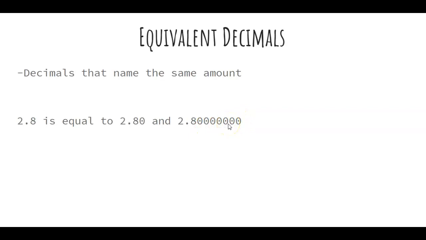They don't change the value. So I can say that 2 and 8/10 is equal to 2 and 80/100 and so on. Remember, infinity means numbers go on forever. So I could literally put zeros forever, and it would not change this value.